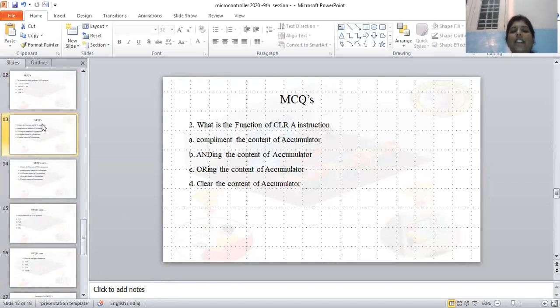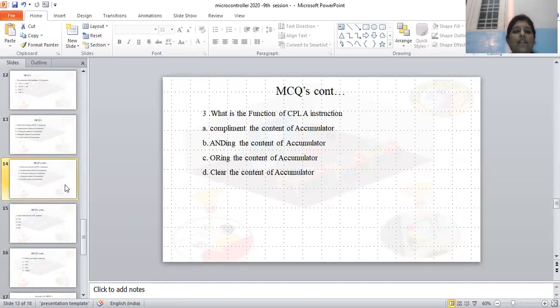What is the function of the CLR A instruction? Complement the content of accumulator, ANDing the content of accumulator, ORing the content of accumulator, clear the content of accumulator. The answer for this question is clear the content of accumulator.